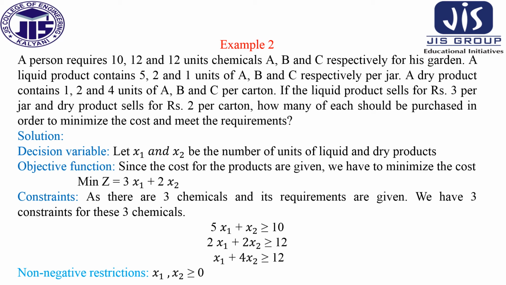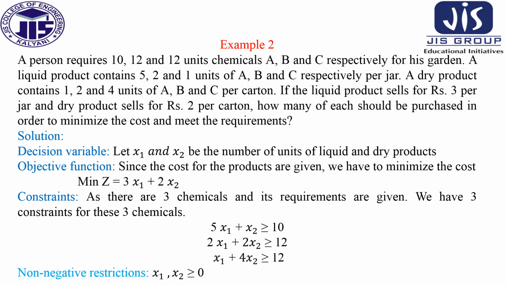So 5 into x1 plus, a dry product contains 1 unit of chemical A per carton, so 1 into x2. This total amount may be equal to 10, because 10 is the requirement of chemical A for his garden, or it may be greater than 10, but it can't be less than 10. So the first constraint for chemical A is 5x1 plus x2 greater than or equal to 10.